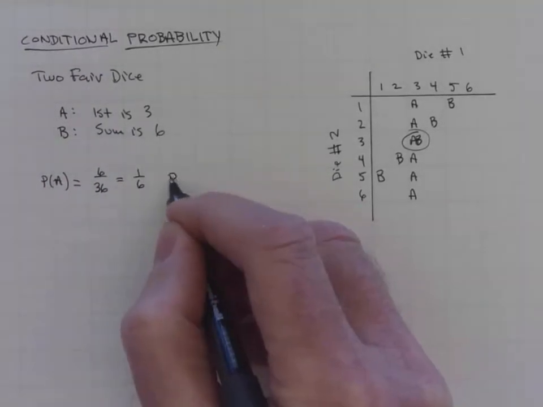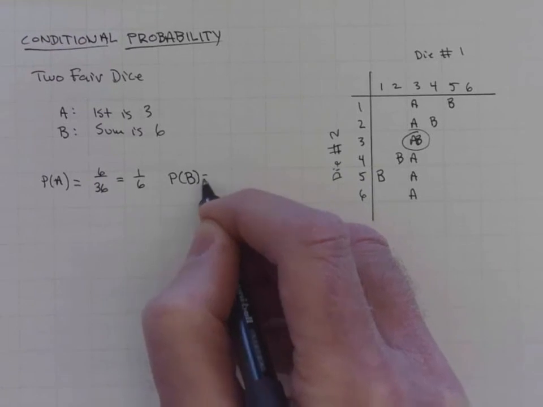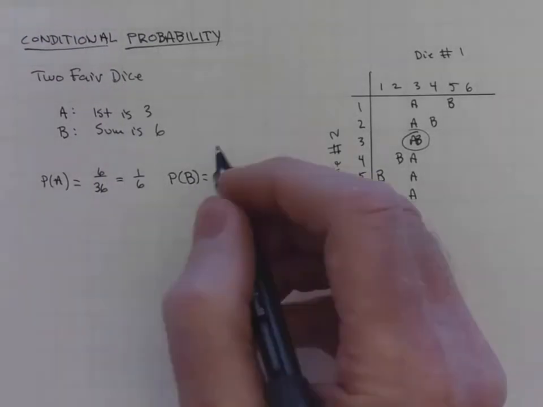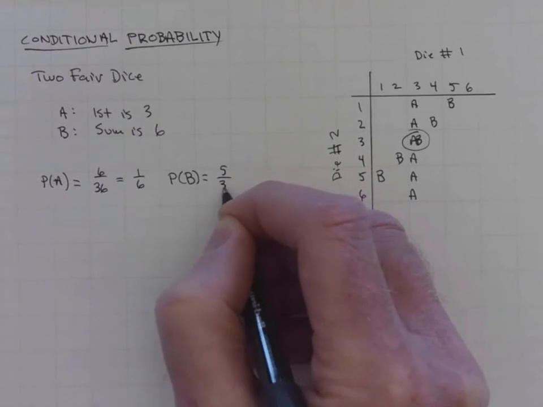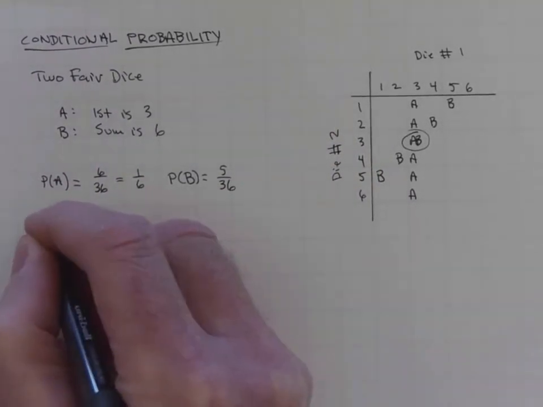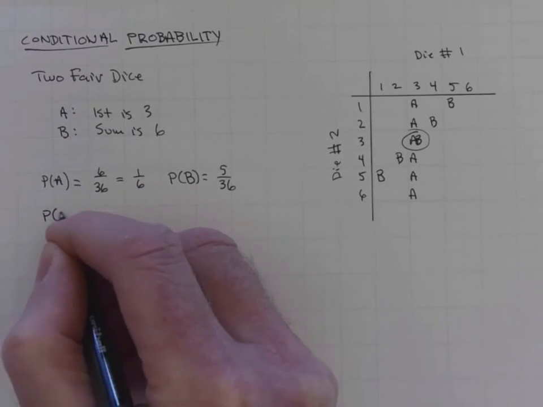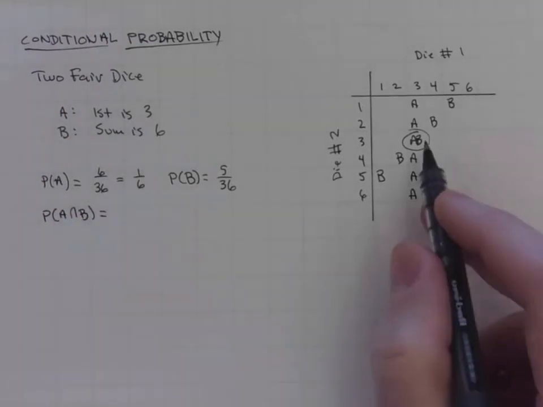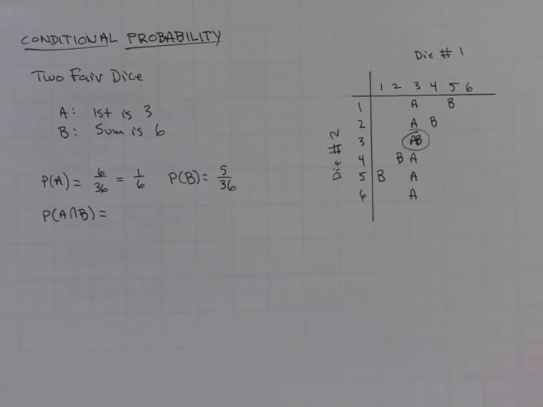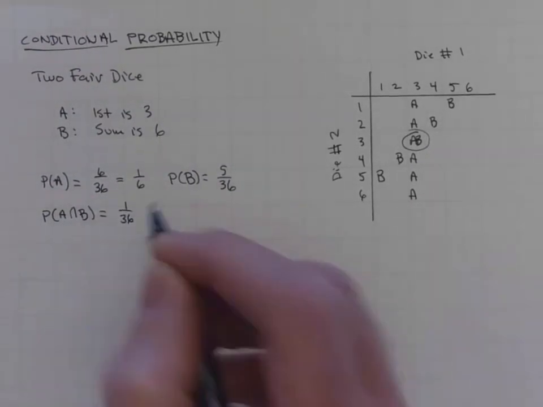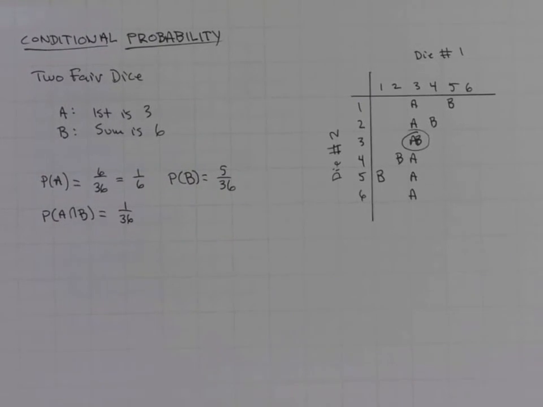We could ask ourselves the probability of B, and that would be 5/36, because 5 of the 36 outcomes involve B. We could then ask ourselves the probability of the intersection, the probability of both A and B, and that will be the number of outcomes involving both, which is 1, divided by the number of outcomes in the sample space, which is 36.